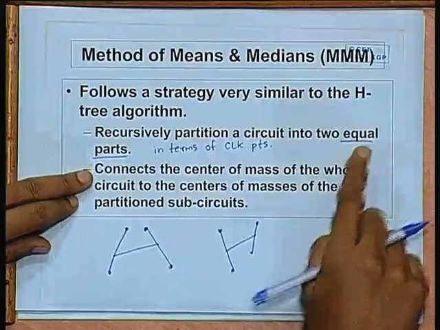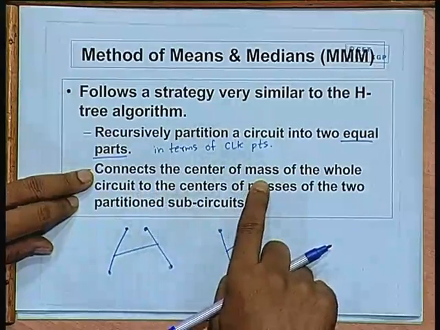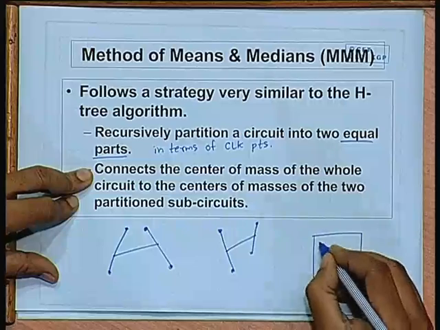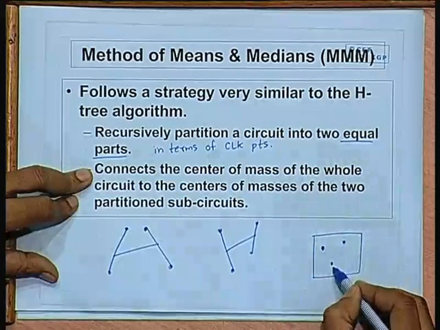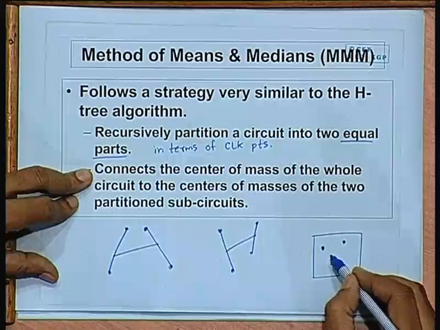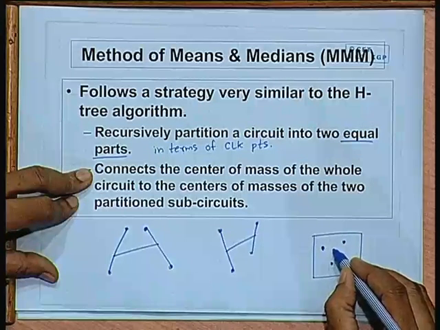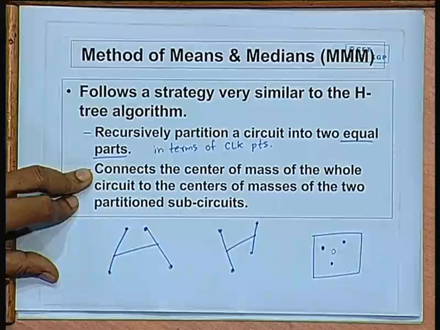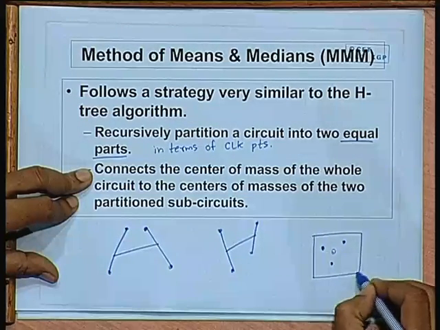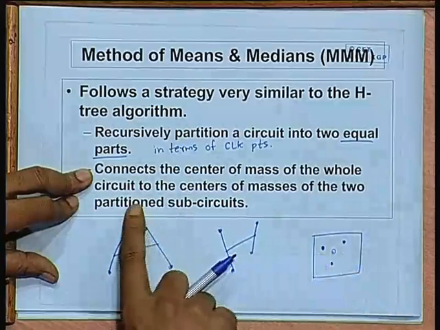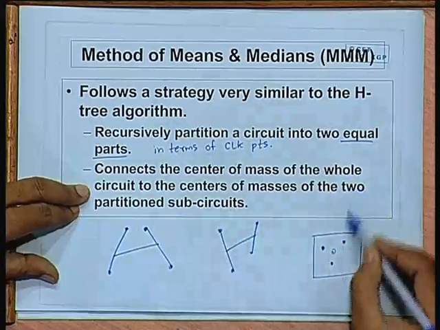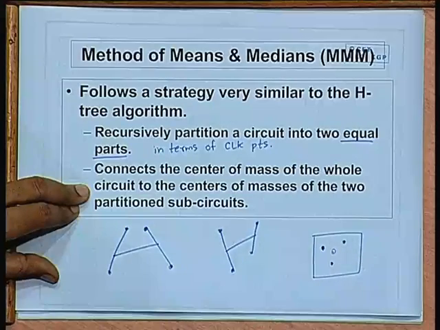Now, in each of the partitions you compute the center of mass. Suppose in one partition you have a requirement that you have a clock pin here, clock pin here, clock pin here. Given points, there are well known algorithms to compute the center of mass. Well, here the center of mass will be somewhere here. You treat this as the center of this partition and you connect the center of mass of the whole circuit to the center of mass of the partition subcircuits, and this you go on doing recursively.